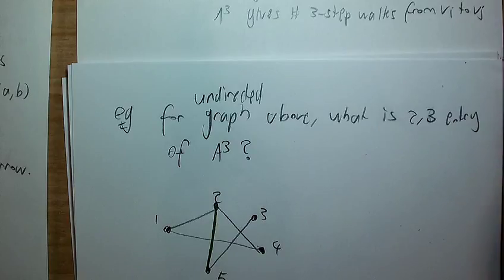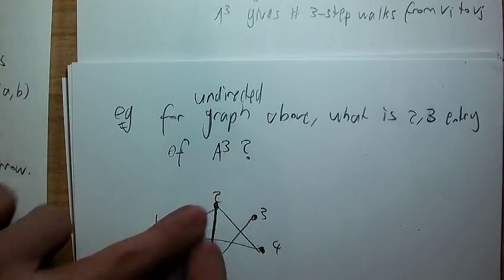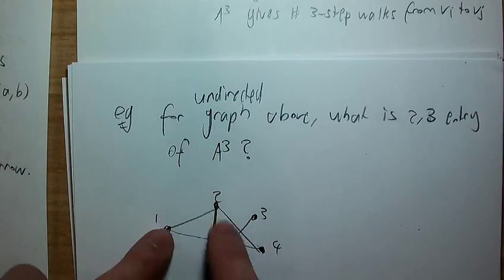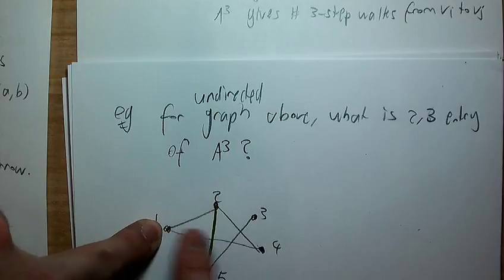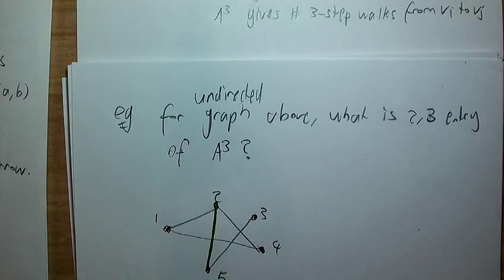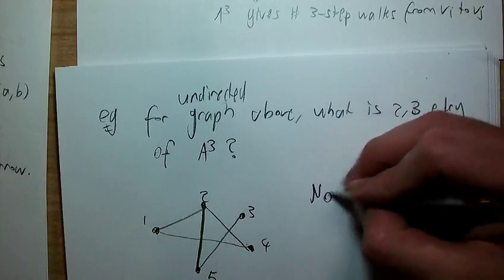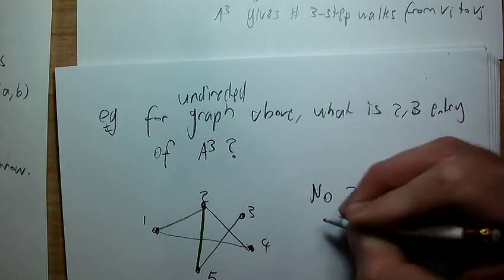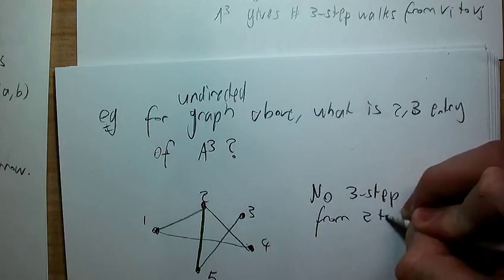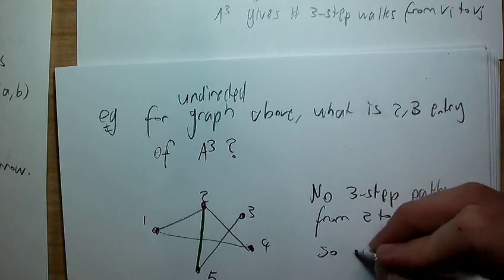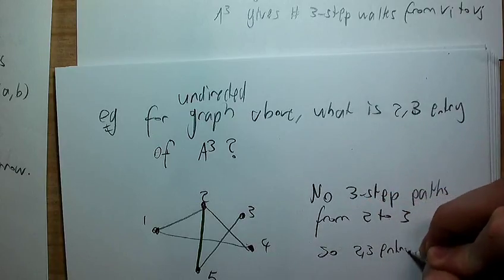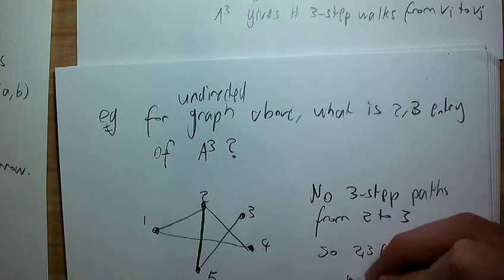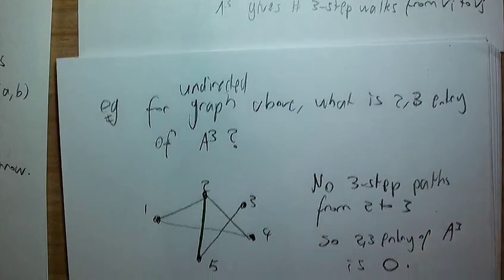There's no 3-step paths from 2 to 3. If you go 1 step, it's going to take more than 2 steps to get to 3 from there. So no 3-step paths from 2 to 3. So the 2, 3 entry of A cubed is 0.